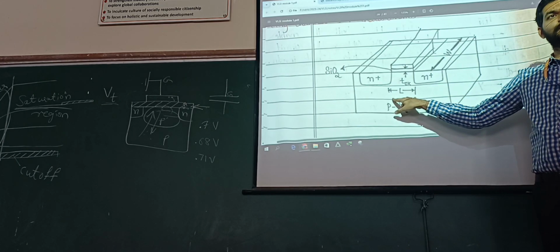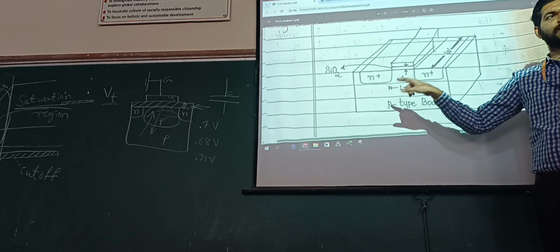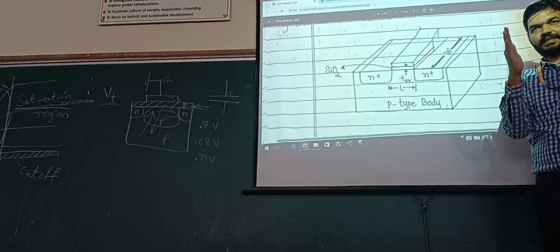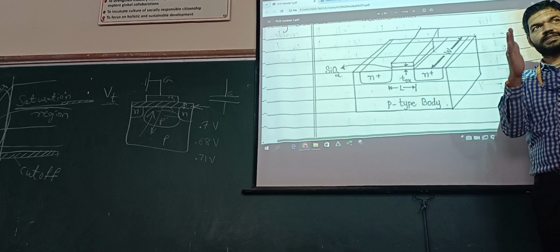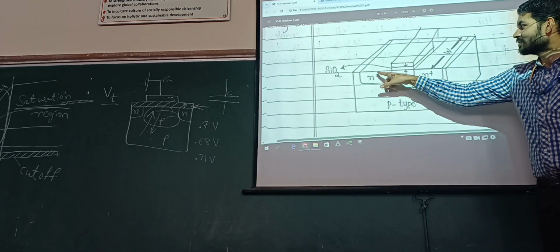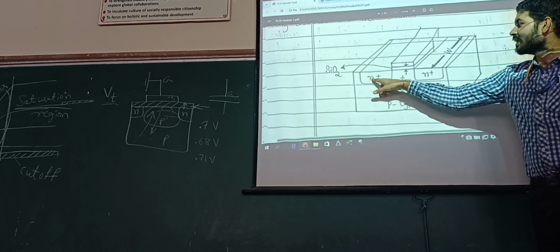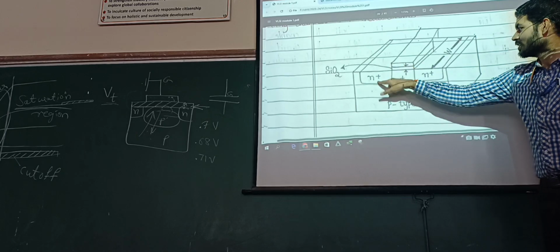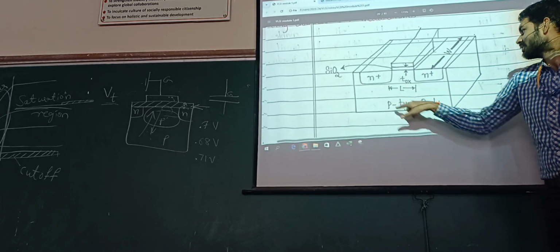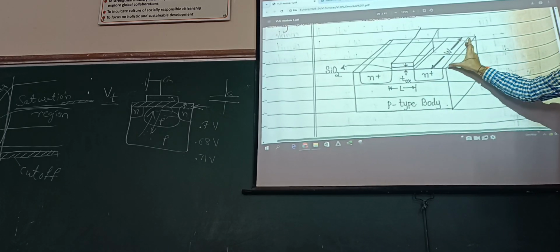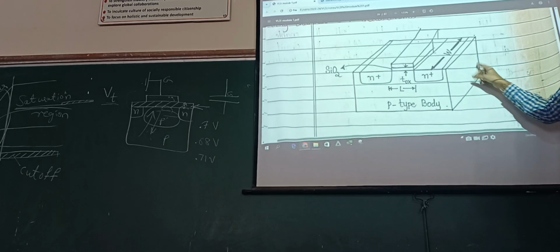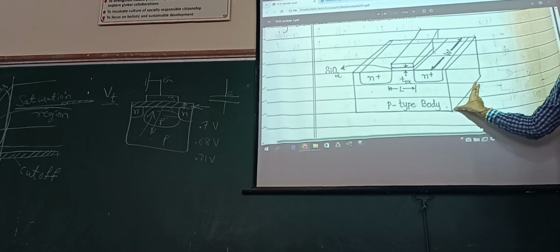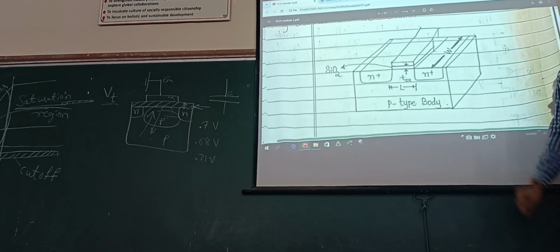Actually, in the previous class I explained the distance between drain and source is length of the MOSFET. So this is drain, this is source. Difference between these two is length of the MOSFET. Okay. And what is this? This is width of the MOSFET. 3D diagram it is. Fine.